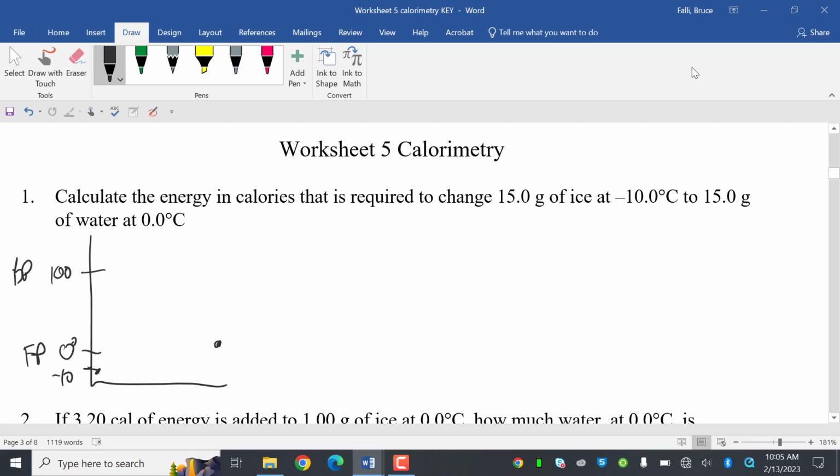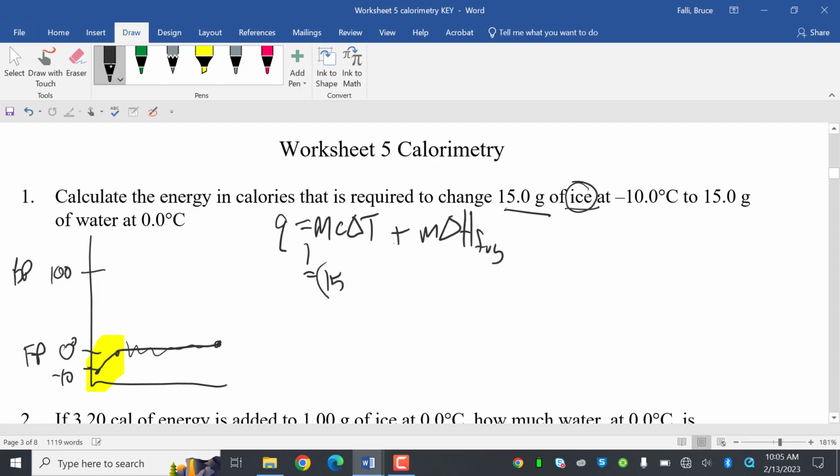Now, I went all the way over there because I start as ice. So I got to go up, over. So I have two parts. The yellow part, Q equals MC delta T, plus, and then this part is going to be M delta H. Now it's going to be delta H fusion because I'm dealing with ice, which is a solid. So here we go. Mass is 15 in each spot, so 15. Specific heat of ice.